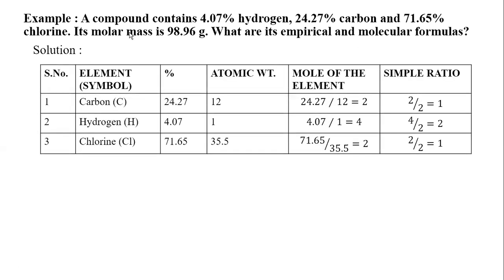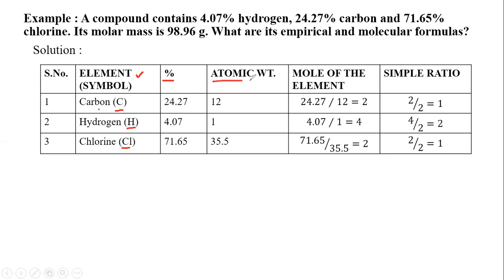So, arranging all the above data in a table: the element along with the symbol, that is carbon as C, hydrogen as H, and chlorine as Cl, and their percentages respectively. Carbon's percentage is 24.27, that of hydrogen is 4.07, and 71.65 for chlorine, which is provided in the question itself.